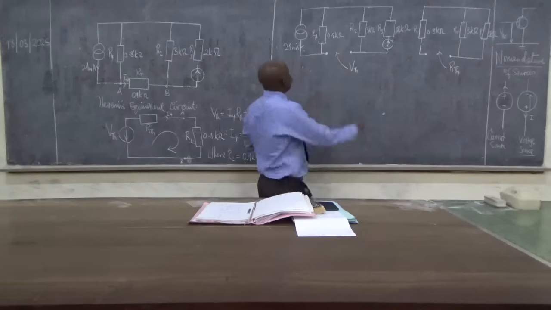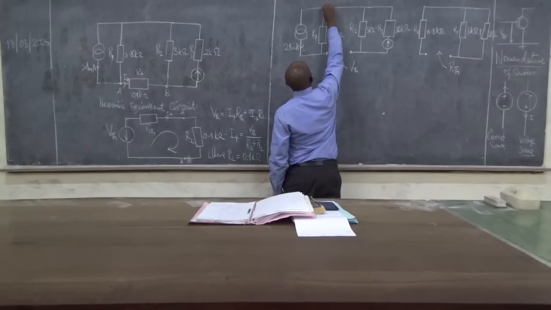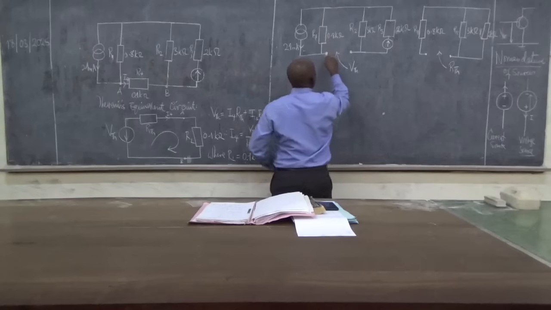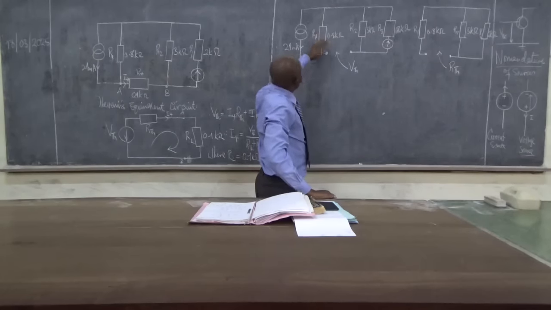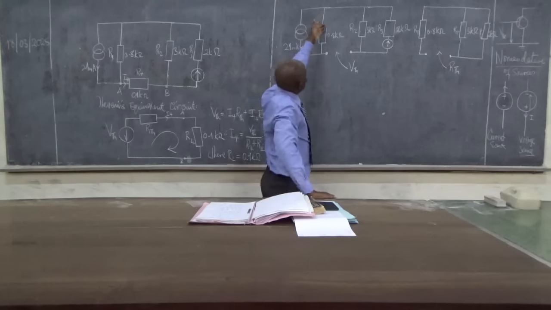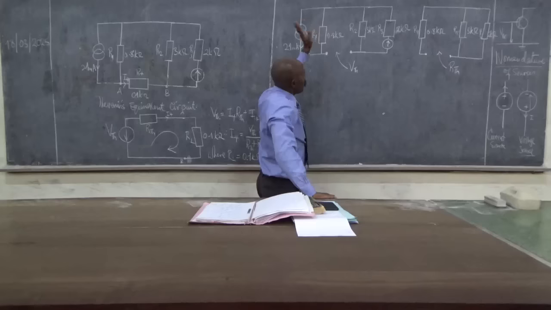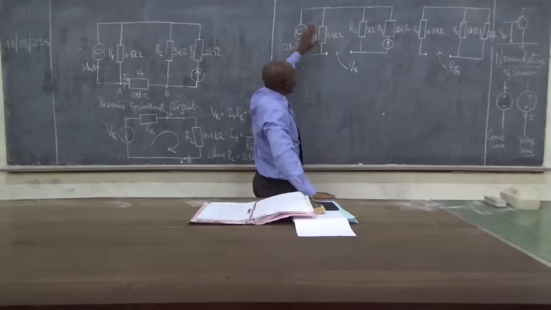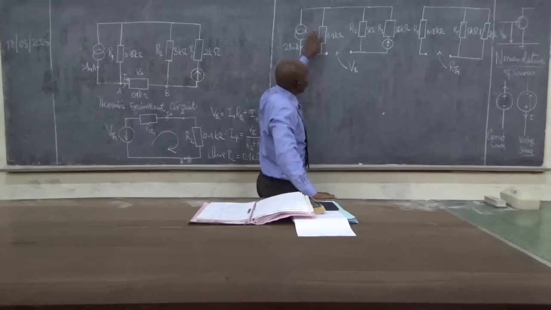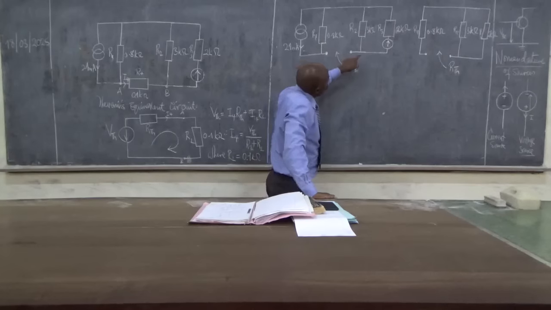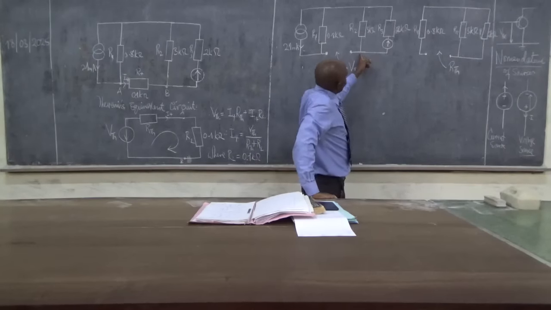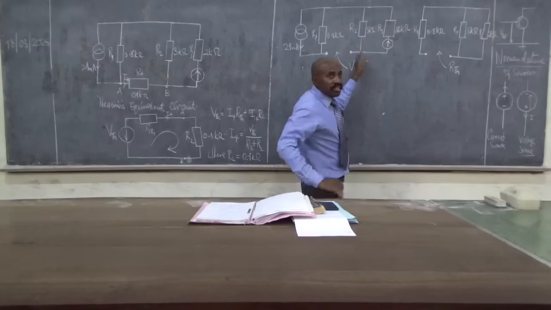So we want to know the PD across here. This current, some of it will go here, some of it will come here. So we don't care what goes there. We only care what will be going around here. So we have this and this giving us a potential here, and then we have this giving us a potential here. Doesn't matter.